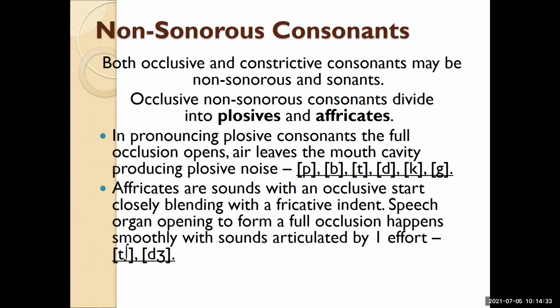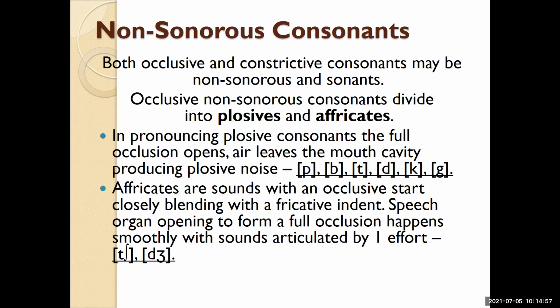Now, non-sonorous consonants. Both occlusive and constrictive consonants may be non-sonorous and sonants. Occlusive non-sonorous consonants are divided into plosives and affricates, as I mentioned before. In pronouncing plosive consonants, the full occlusion opens or leaves the mouth cavity, producing plosive noise.